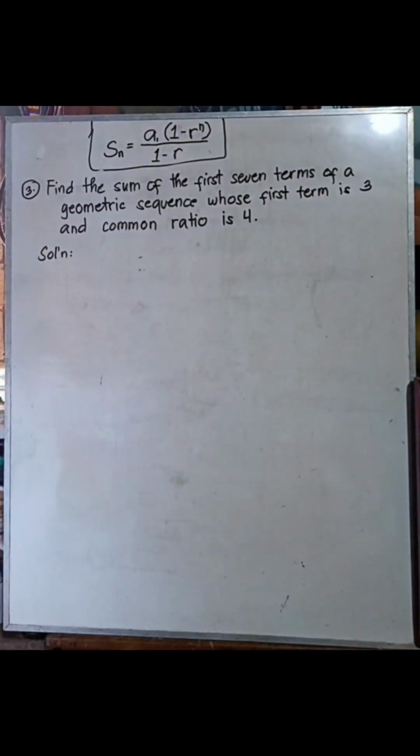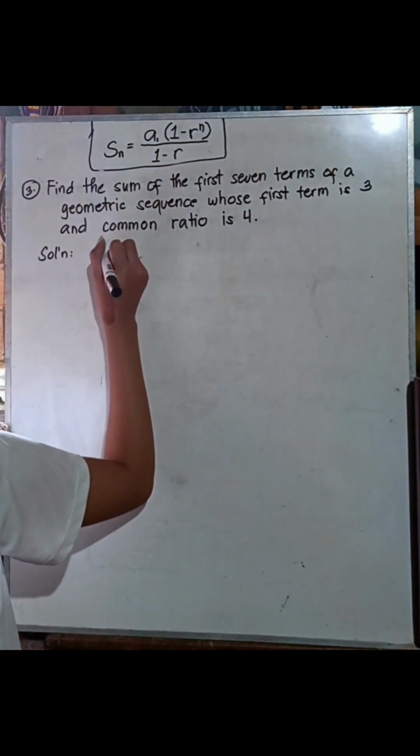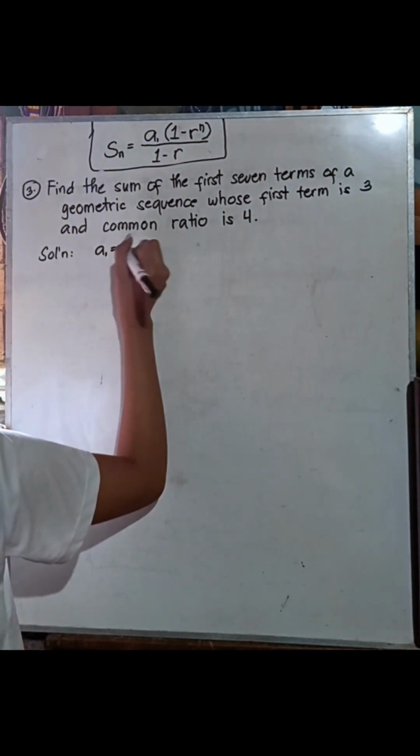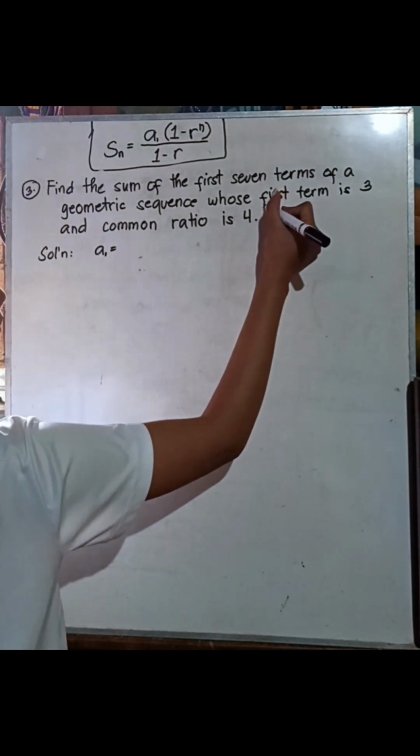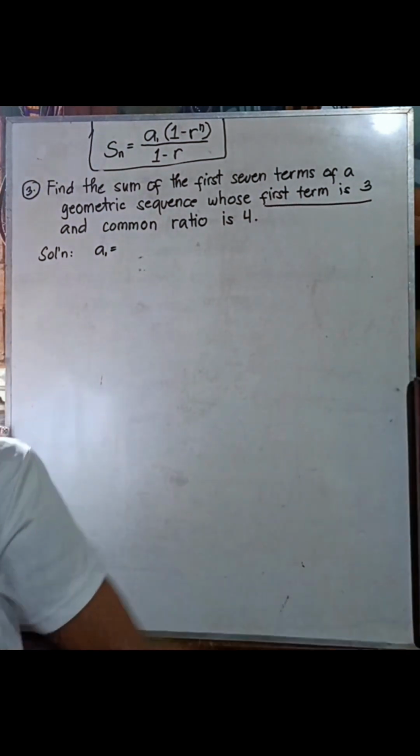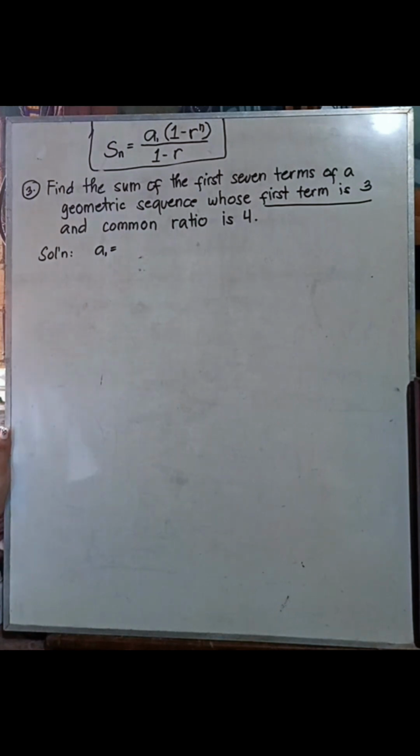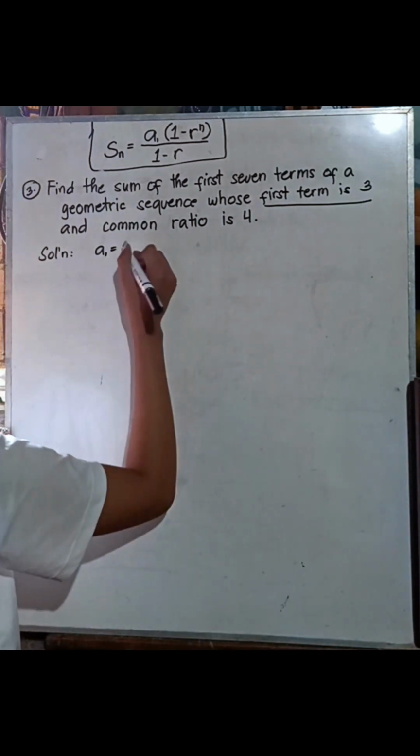So, now let us try another example. Example number 3. Find the sum of the first 7 terms of a geometric sequence whose first term is 3 and the common ratio is 4. So, let's write first the given. So we have a sub 1 or the first term, which is 3.